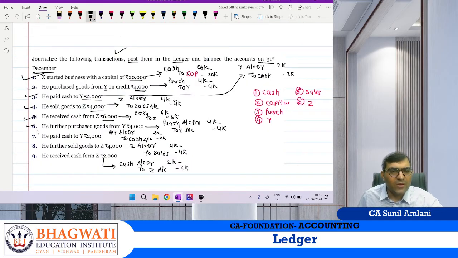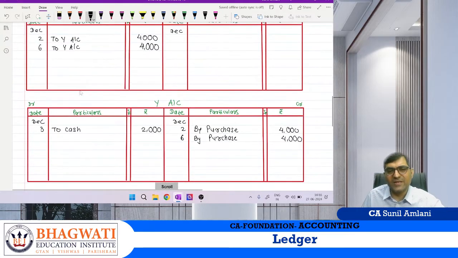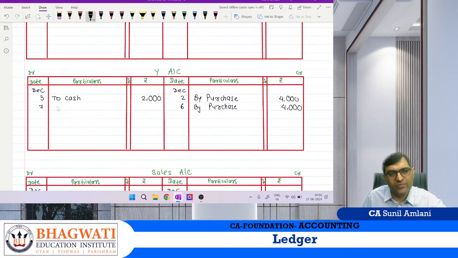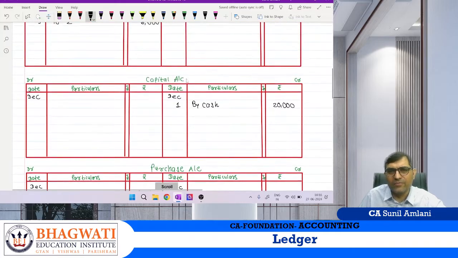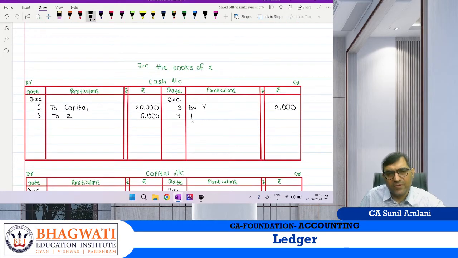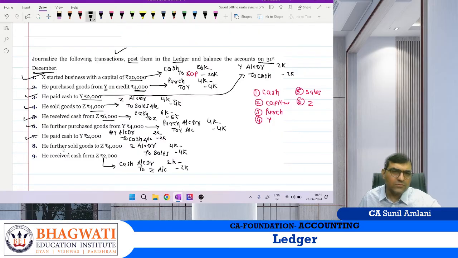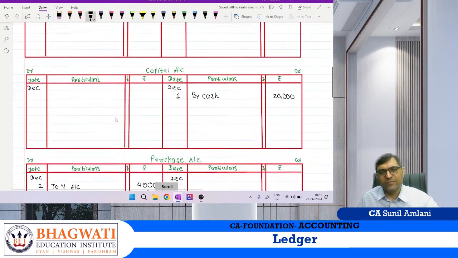Okay. Then he paid cash to Y 2,000. Again he is paying 2,000 rupees cash. 7th. So Y account debit to cash. Again 2,000. And cash here 7th by Y, 2,000. Then he sold goods to Z for 4,000 on 8th.